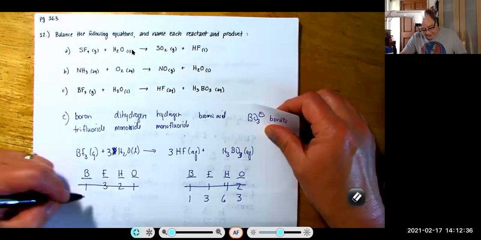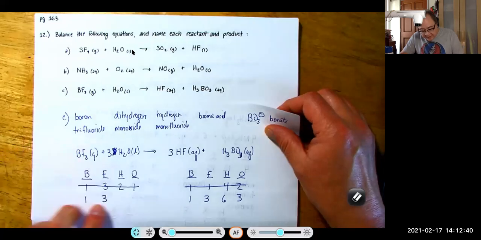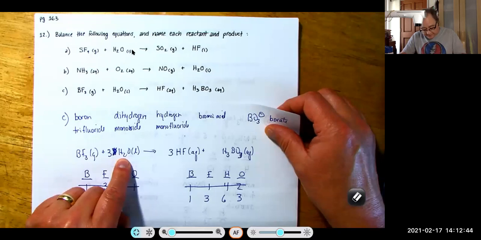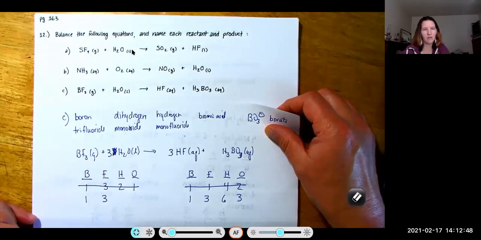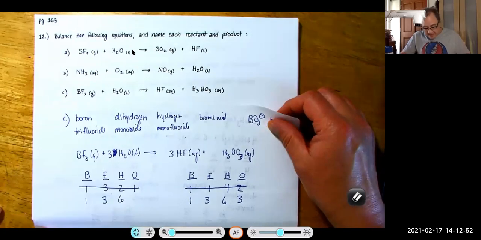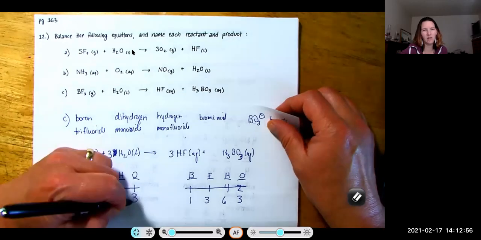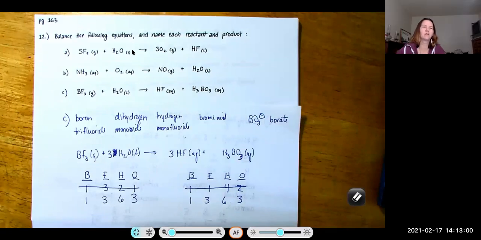How many fluorines? 3. And those should not have changed because this number does not go in front of boron or fluorine. So that's good. How many hydrogens? 6. And there better be 6 because that's how many we wanted. Right. How many oxygens? 3. Oh, geez, we're done. The oxygens match.